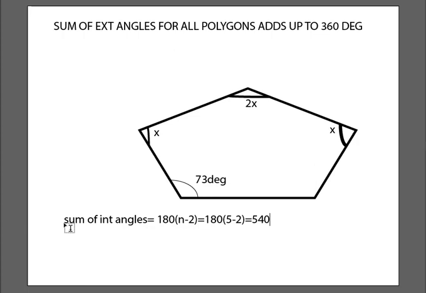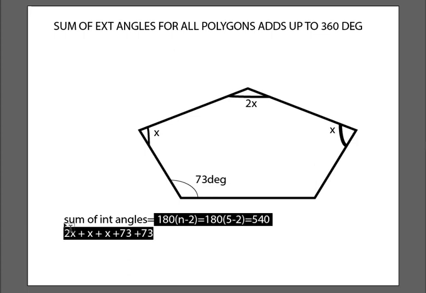But you are given that the bottom two angles are equal, right? So mathematically you can try and add these angles. 2x plus x plus another x plus those two equal angles, 73 degrees plus 73 degrees.